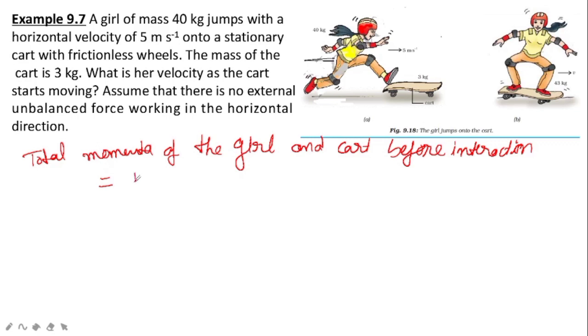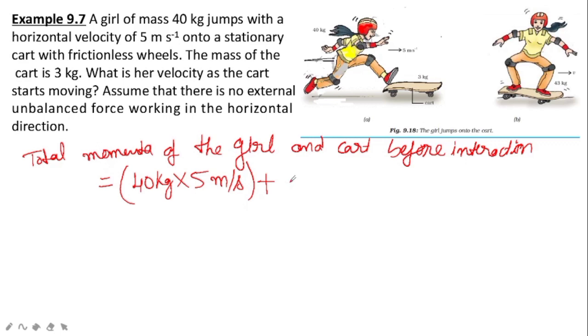So mass of the girl is 40 kg into velocity of the girl, VA. So velocity of the girl is how much? 5 meter per second. Okay, so it is 5 meter per second, plus. Now we'll move to the cart, MB into UB, right?